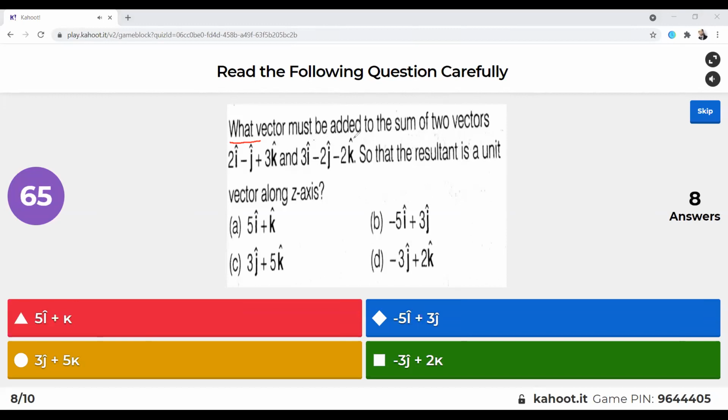What vector must be added to the sum of the two vectors so that the resultant is a unit vector along z-axis?